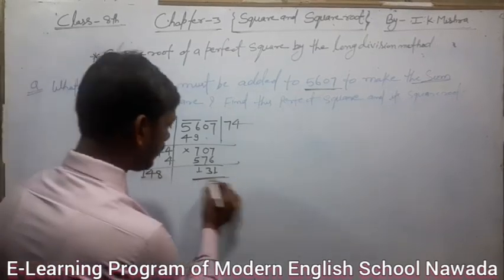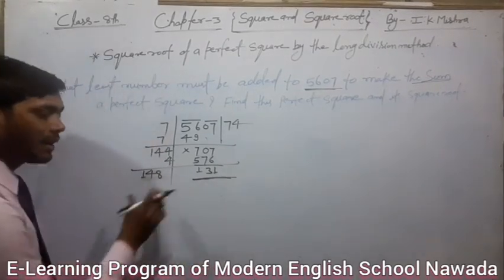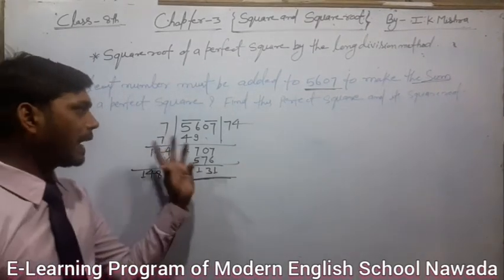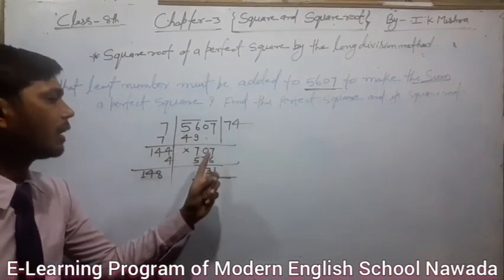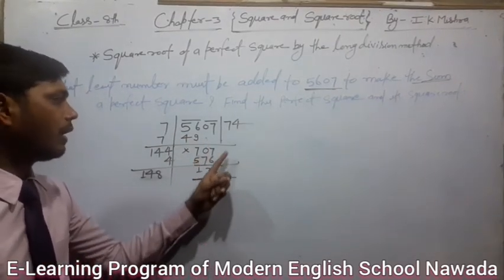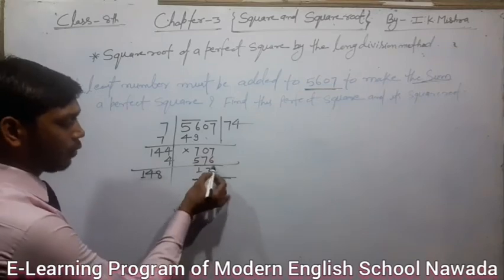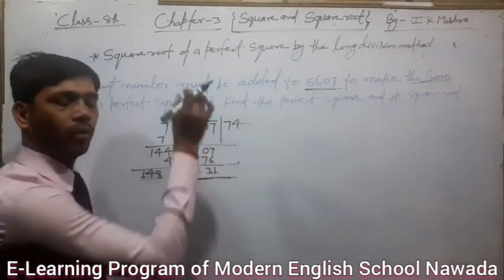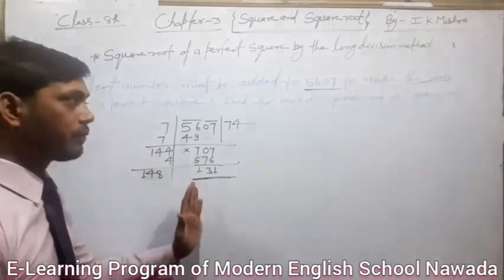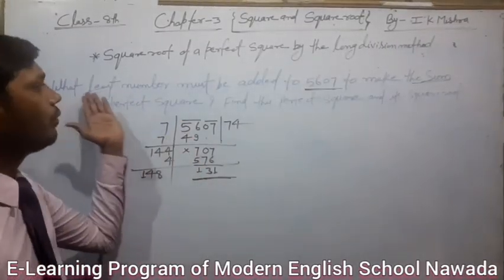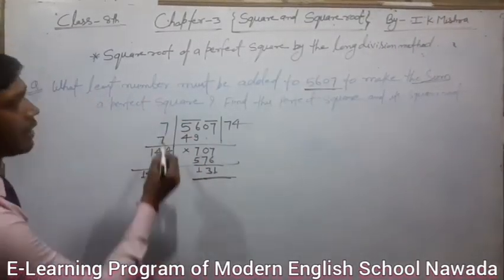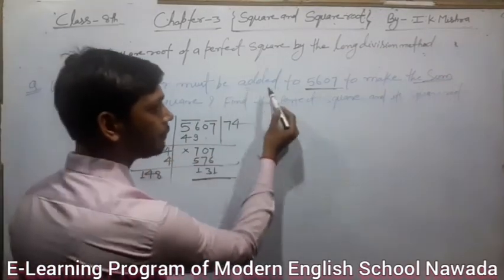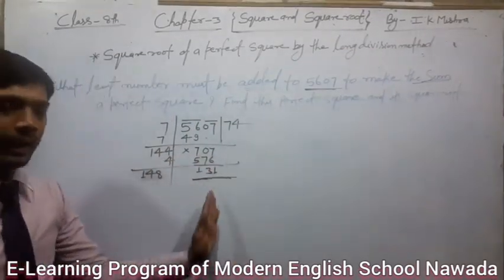Here observe what least number must be added to make the number a perfect square. If 131 is subtracted, then it will be a perfect square of 74. But here we have to find what least number must be added. So here we have to add.